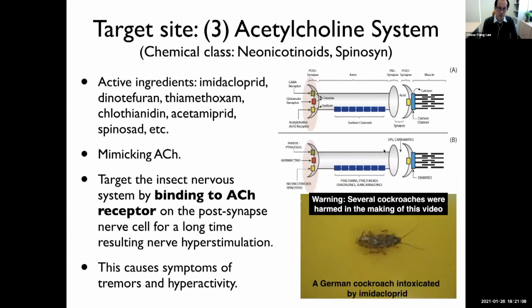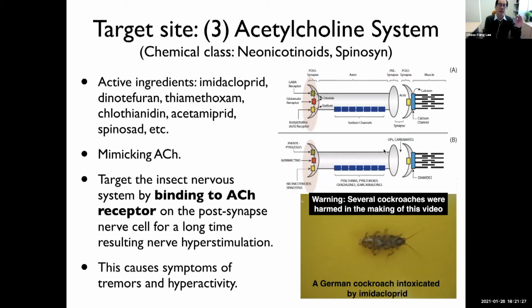The next group is the neonicotinoids. They also attack the acetylcholine system, but neonicotinoids do not attack acetylcholinesterase. Instead, neonics mimic acetylcholine.